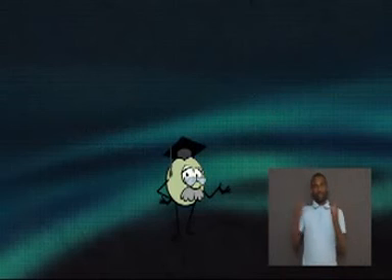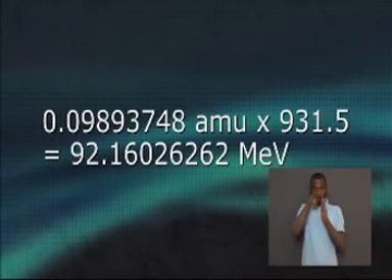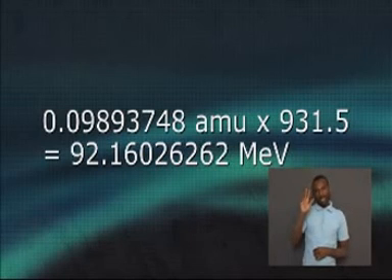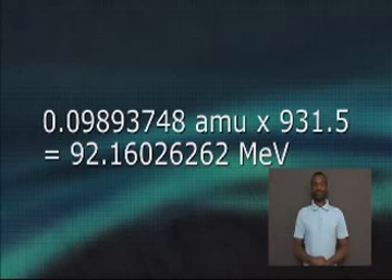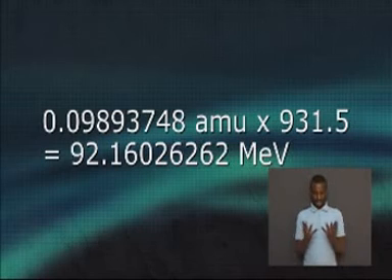Time's up. Let's get back to our lesson. Hello again, students. I am sure that you found that problem quite easy. We simply take our mass deficit measurement of 0.0989374 atomic mass units and multiply it by the conversion factor 931.5.